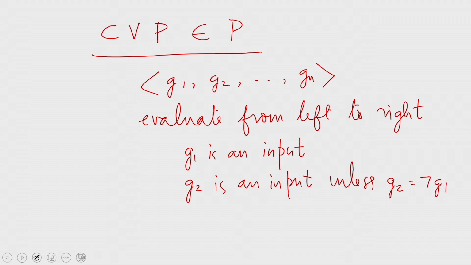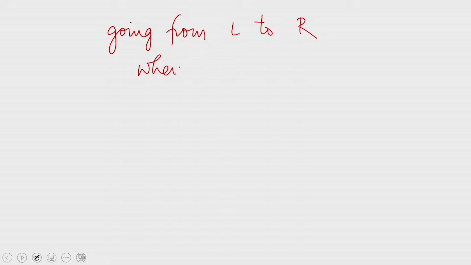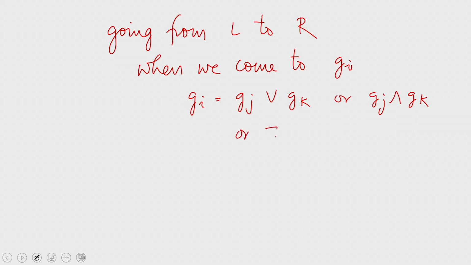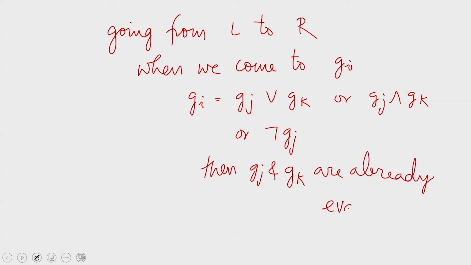So these will form the basis, and then going from left to right, when we come to i, that is when we look at gate Gi, if Gi is Gj or Gk, or Gj and Gk, or negation of Gj, then Gj and Gk, where j and k are less than i, are already evaluated, because we are going from the left to the right.